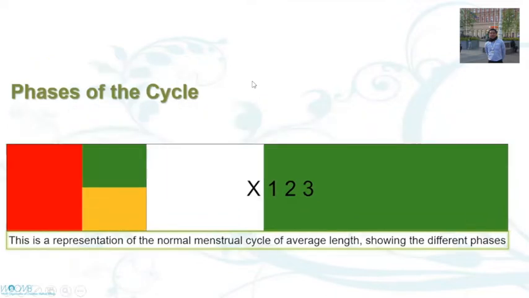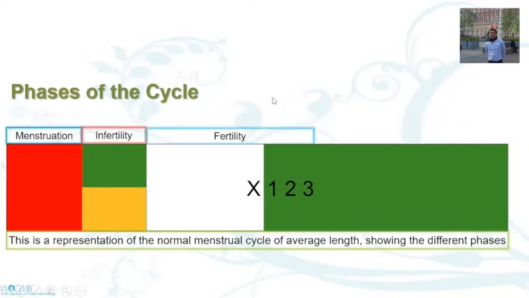Let us continue. Menstruation, then infertility, BIP. Fertility starts from the first appearance of mucus, developing into a slippery sensation, peak day, including the first 3 days of the luteal. Infertility begins on the 4th day past the peak day or the 4th day of the luteal phase.